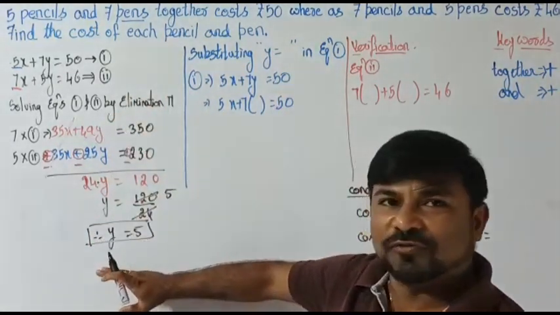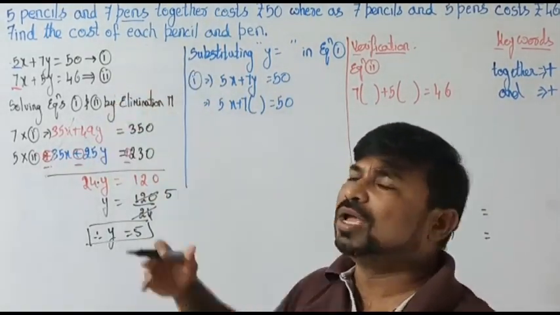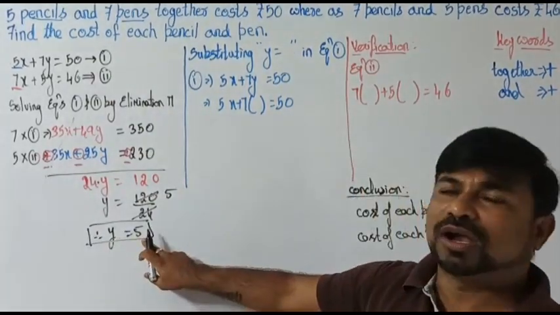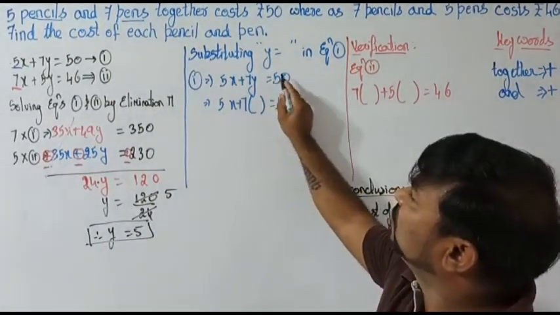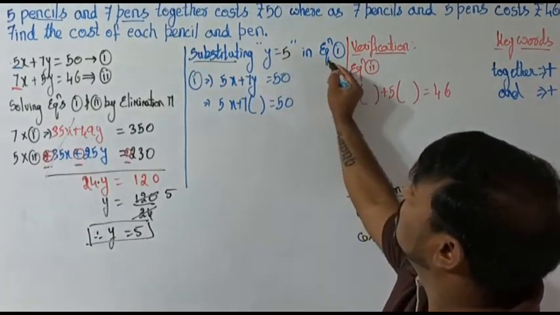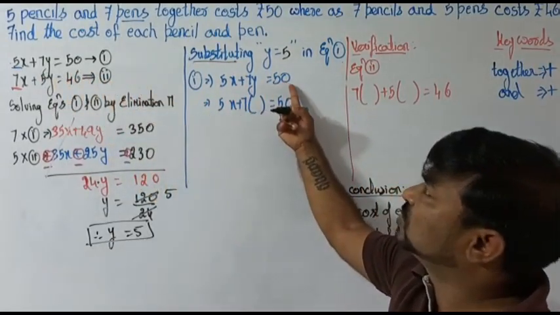Alright, after getting one variable, plug it into any one of the equations, 1 or 2, and get the value of the other unknown, which is x. Now y, how much did you get? 5. I have taken the first, substituting y equals 5 in equation 1. What's the first equation? 5x plus 7y equals 50.